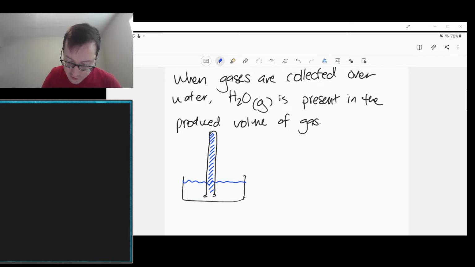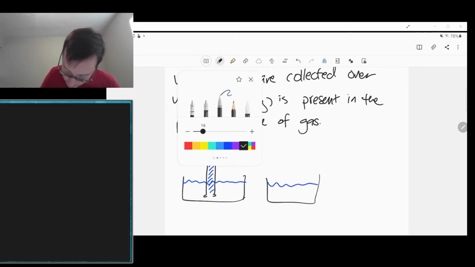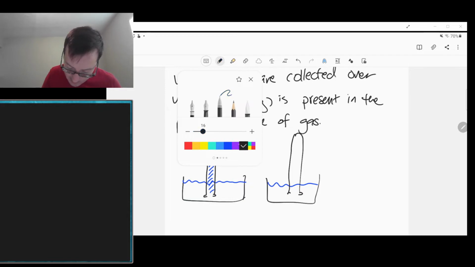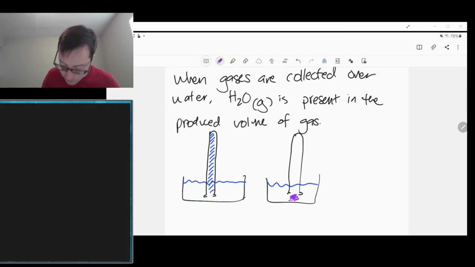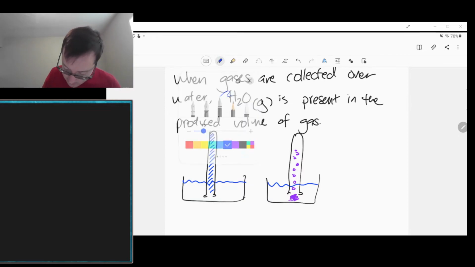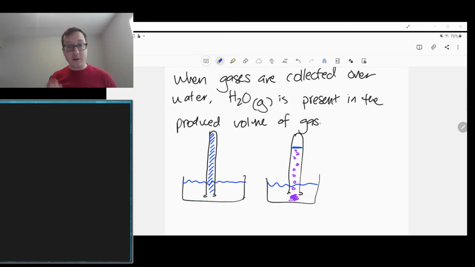And so as our reaction happens, we're going to see that our reaction here, which is this purple thing, it's going to start making bubbles come up because, right, bubbles go up in water. And eventually we're going to start pushing the water out, right? And the bubbles will start rising, and we'll end up trapping those bubbles there.